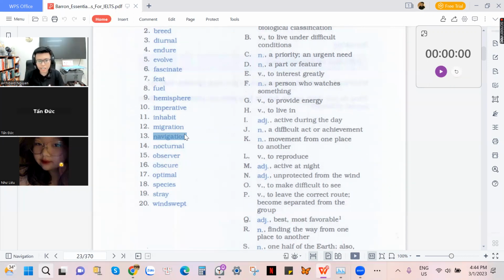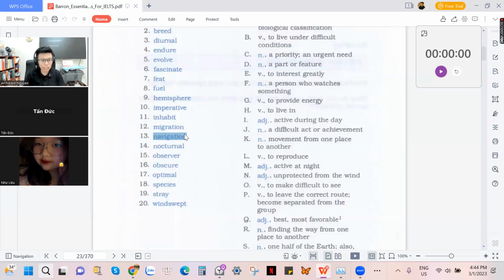So the word navigation here is about position. Where is that person? You are going to be able to position that person on Google Map. When you touch the navigation app, it helps you locate that person on Google Map or on any kind of map that you can use on your phone.